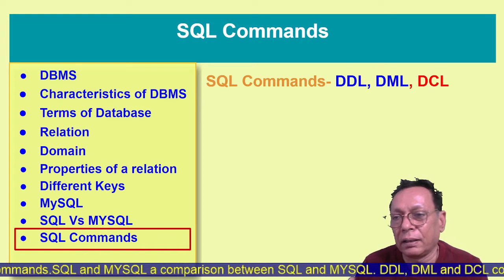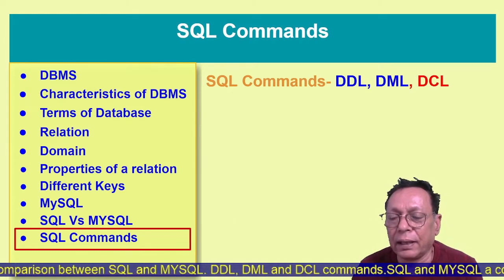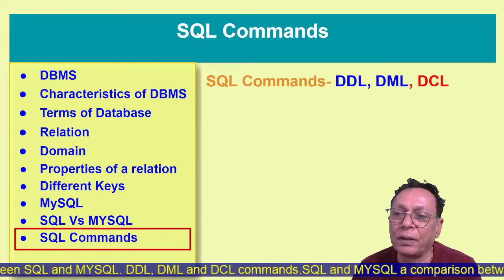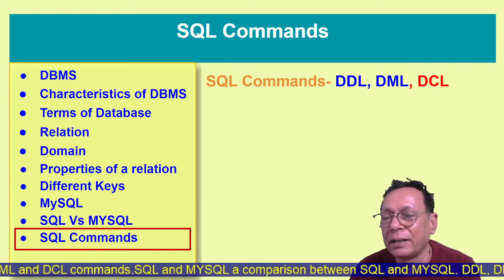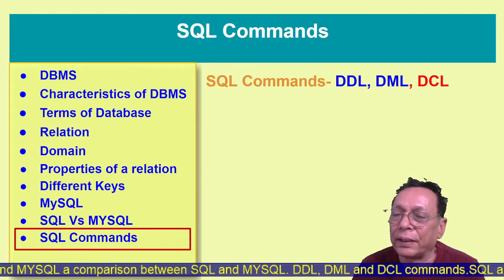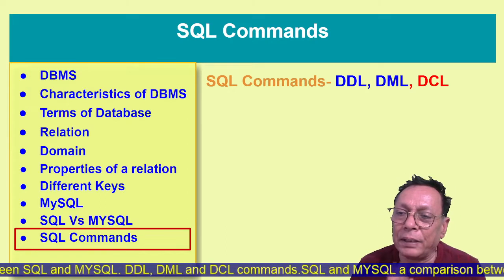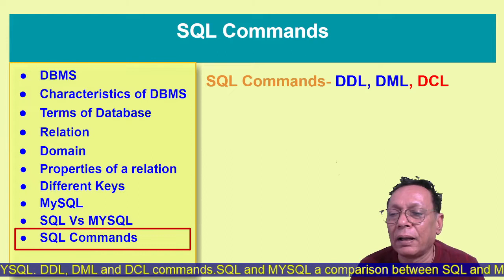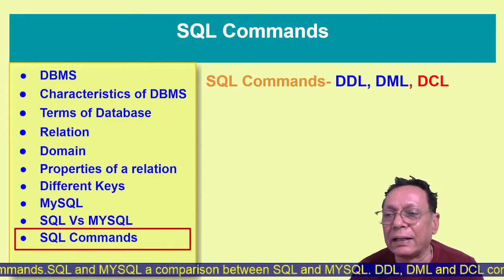DDL and DML are written in blue and DCL in red, which means DCL is different. Why is DCL different and why is it in red? The reason is DCL is not included in your CBSE curriculum for 12th, but DDL and DML are included, and we'll discuss DDL and DML.